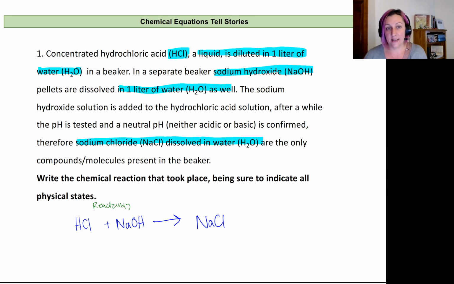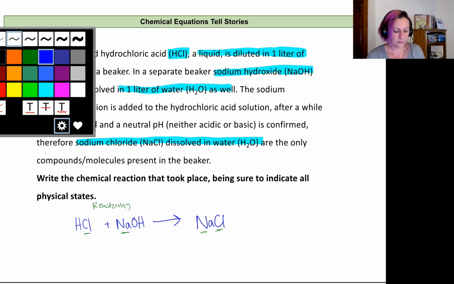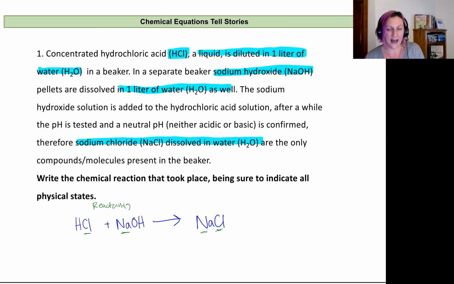Now, water is listed as something my reactants are dissolved in and also what my product is dissolved in. So do I include the water on the reactant side and the product side? It's a good question. Well, in my reactants, I'm not going to use the water to form my product. My product is going to be this sodium and this chloride, coming from this chloride here and the sodium here in my reactants. But then I have some other elements that aren't accounted for in my products right now.